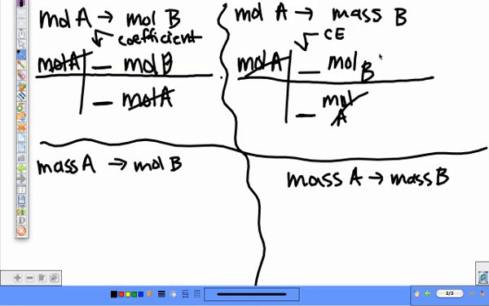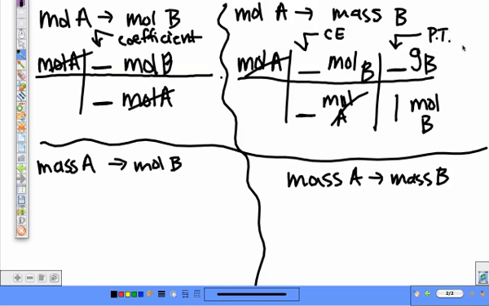No, we need to change that into mass, so what units go on the bottom? Then we'll have grams of B on the bottom. And this is always the mass of how many moles? 1 mole. The molar mass is always the mass of 1 mole, and the molar mass comes from the periodic table. So our moles of B canceled out. We're left with grams of B, which would be the correct units.